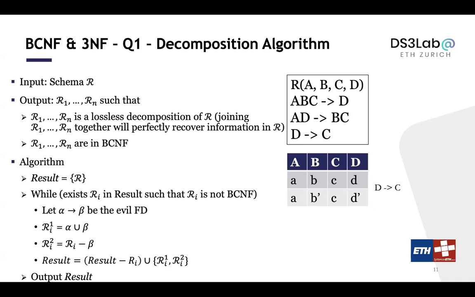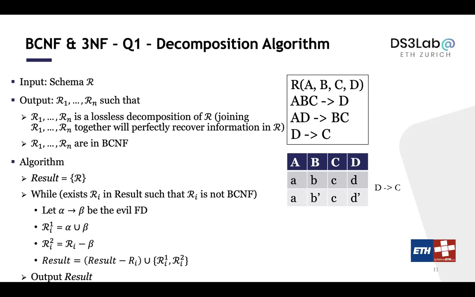Let's look at this example. On the right-hand side, you have three functional dependencies. You start by asking, is this relation in BCNF? Clearly it's not, and the evil functional dependency, as we talked about, is the one from D to C, because of which this relation is not in BCNF. So we decompose this relation into two smaller relations.